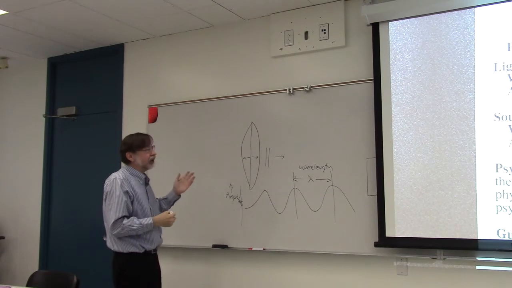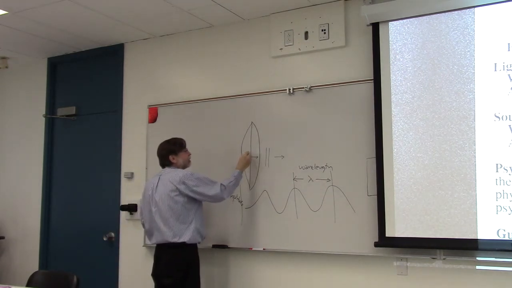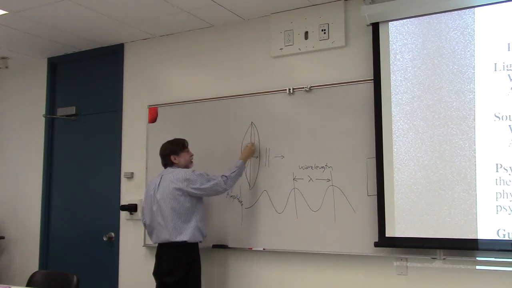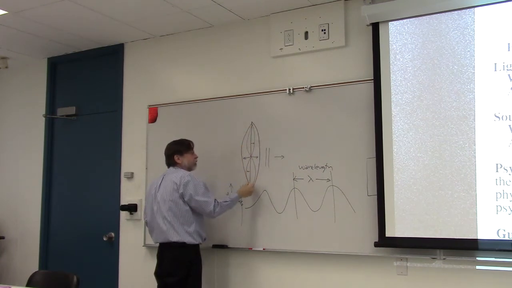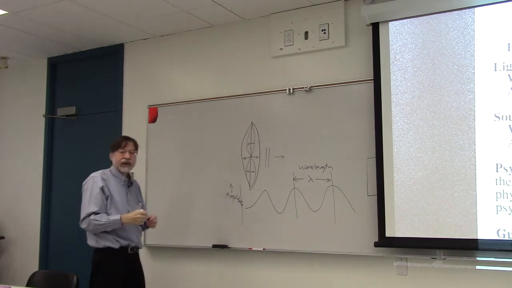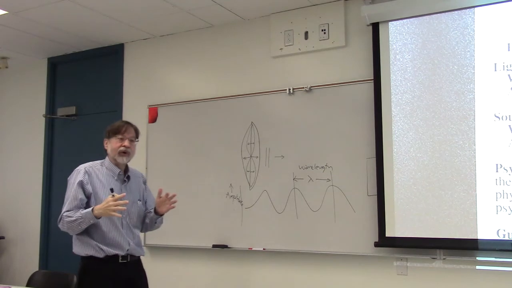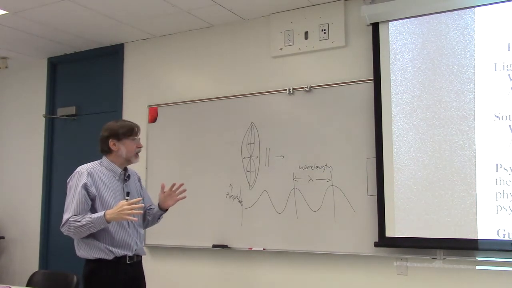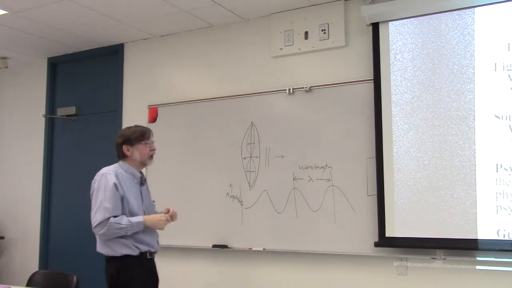Now the guitar string also vibrates in halves. So the string can also vibrate this way, so it can go this direction, and then vibrate this way, and that creates what's sometimes called an overtone. It can also vibrate in thirds and in fourths. And so a single string can produce a fairly complicated waveform.